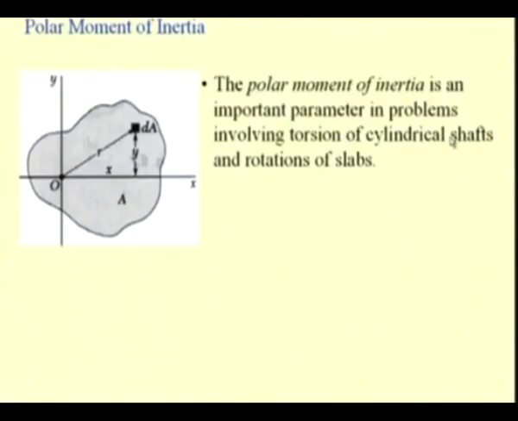The polar moment of inertia is the second moment of the area with respect to the axis perpendicular to the plane of the area, and this is particularly of interest in the problems concerning the torsion of cylindrical shafts, where we are interested to find the angular twist caused in a shaft because of a given twisting moment.